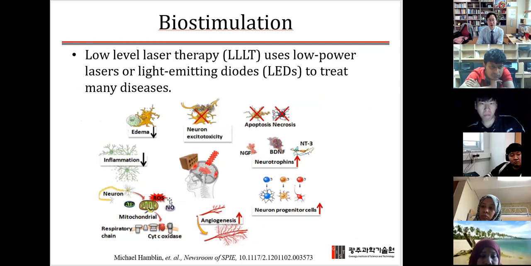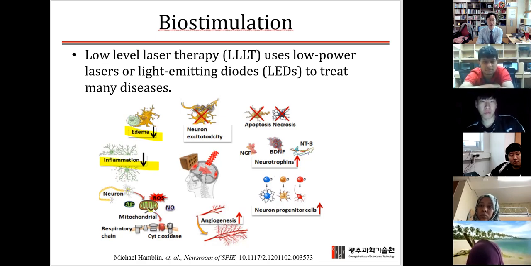So this graph is one of the very famous graphs for the low-level light therapy. Low-level laser therapy or low-level light therapy, both are abbreviated LLLT, or biostimulation, or these days photobiomodulation. That is also another name. And then people found that so far, by giving this LLLT or photobiomodulation, it can reduce the edema and it can reduce the inflammation.